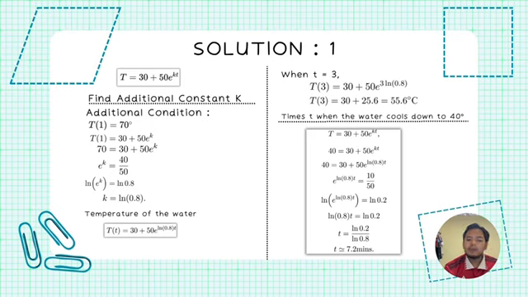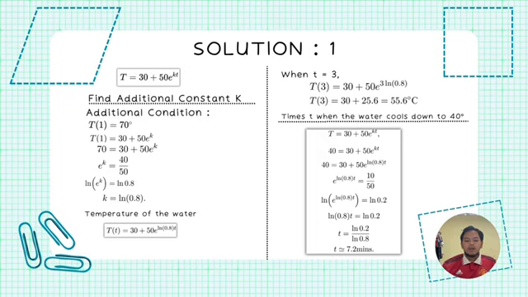We substitute t with 3 since we need to find the temperature after 3 minutes. T3 equal to 30 plus 50e to the power of 3 ln 0.8. And so the answer we got, the temperature of the water after 3 minutes, is 50.6 degrees Celsius.